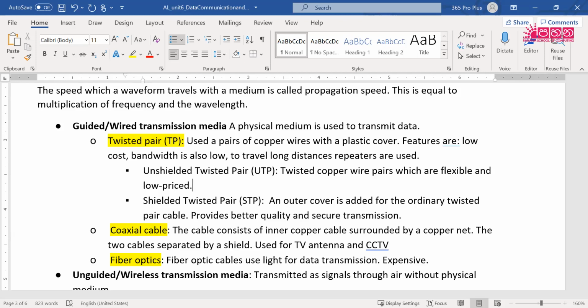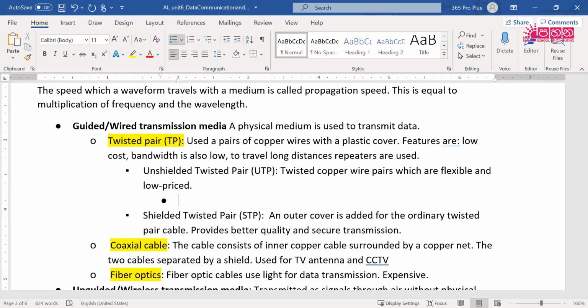Under this, if you need UTP cables, you can look at the Cat5 cable types. So there's a cable called Cat5.